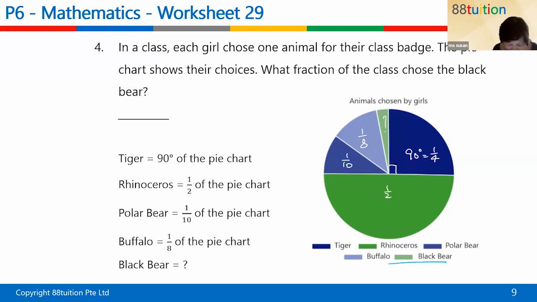So for the black bear, you just need to find 1 whole. You have to minus half, minus 1/10, minus 1/8, minus 1/4, right? So add these up, you get 20 minus 0.5.